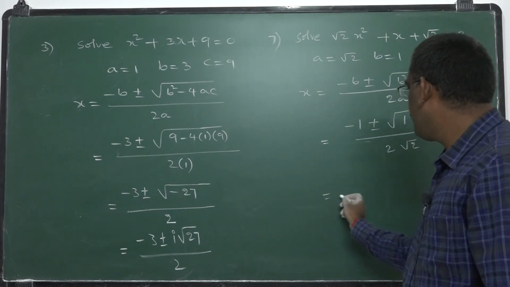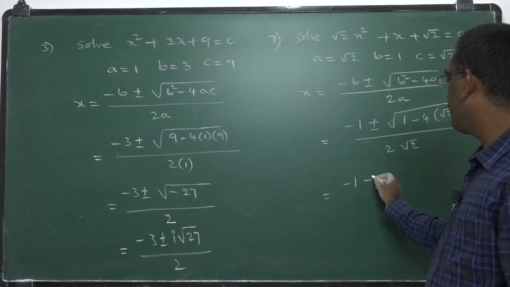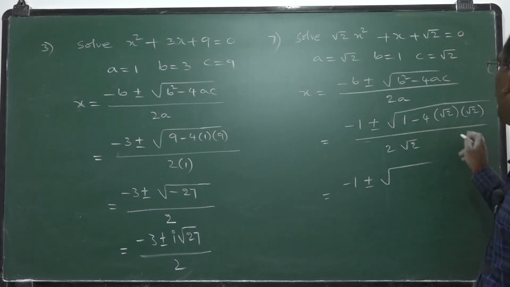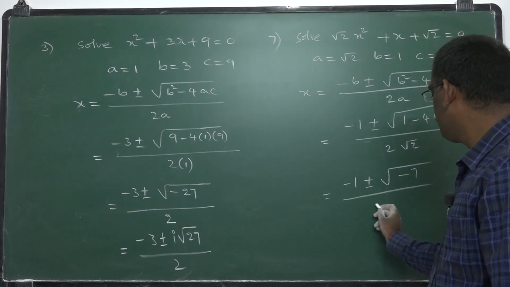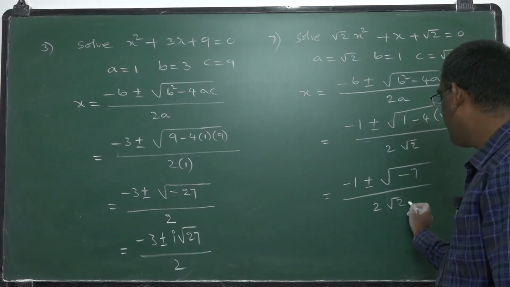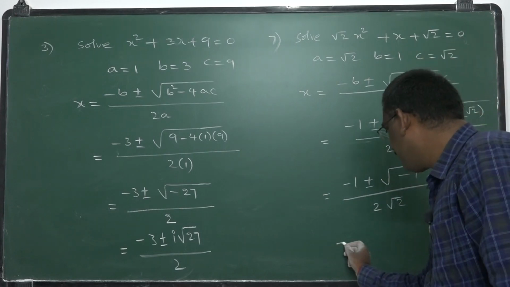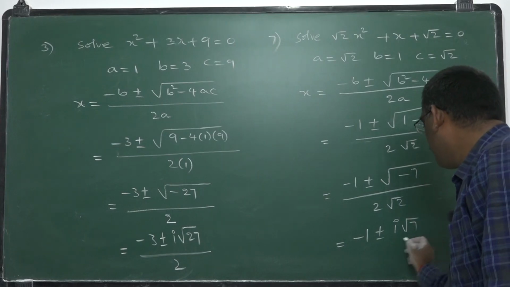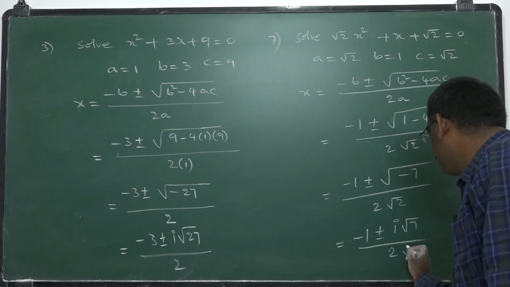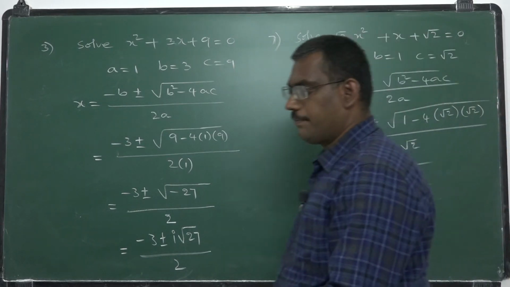So which is equal to minus 1 plus or minus root of 1 minus 8, minus 7, by 2 root 2. So root of minus 7 can be written as i root 7, that is equal to minus 1 plus or minus i root 7 by 2 root 2. Okay.